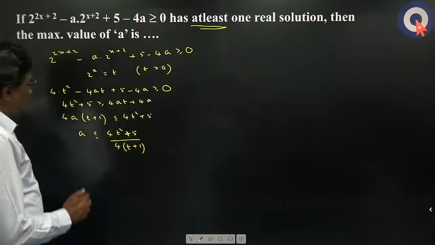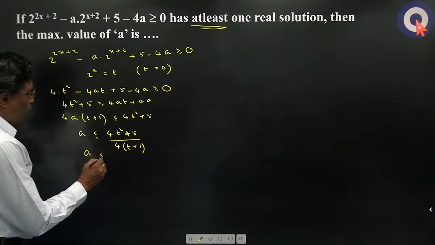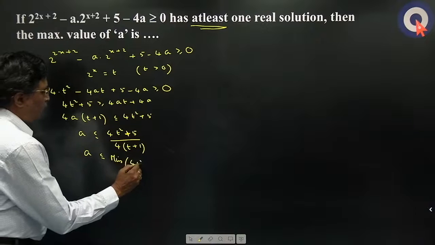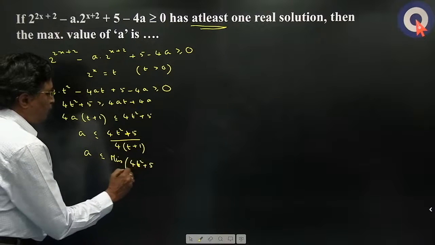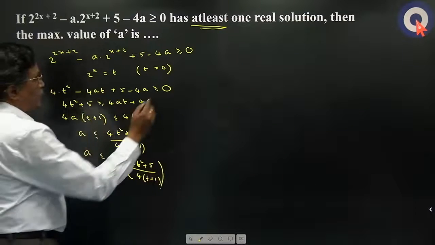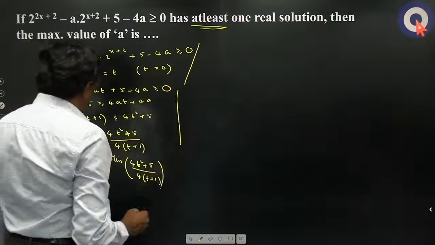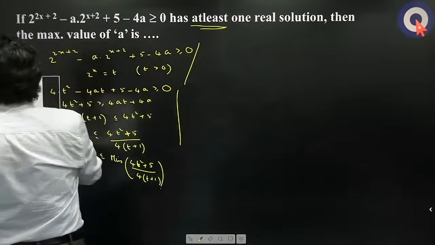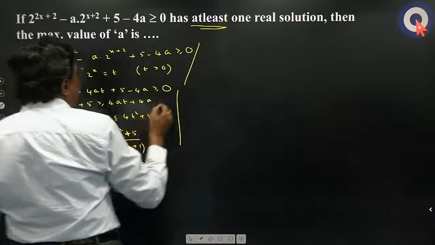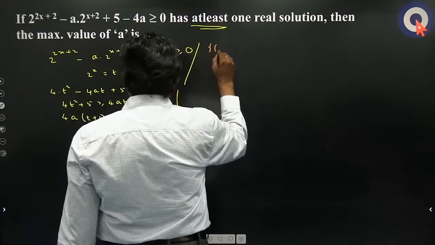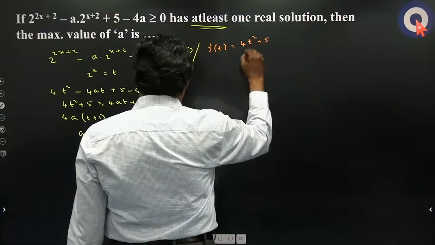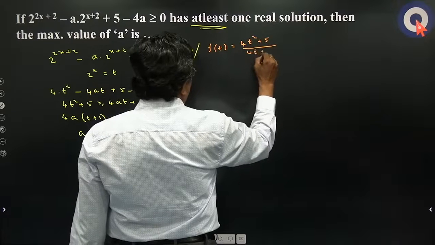So a is less than or equal to the minimum value of 4t square plus 5 by 4 into t plus 1. If this is satisfied, then we will have at least one solution. From here of course a normal calculus approach can be taken. So let us say f of t is equal to 4t square plus 5 by 4t plus 4.